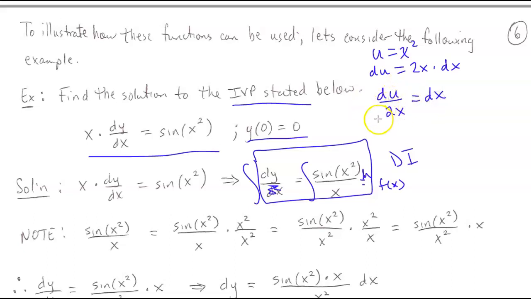Well, if you did that, then of course you have something to replace this with, but you don't have anything in terms of u to replace 1 over x dx with, okay? So therein lies the problem that we have.